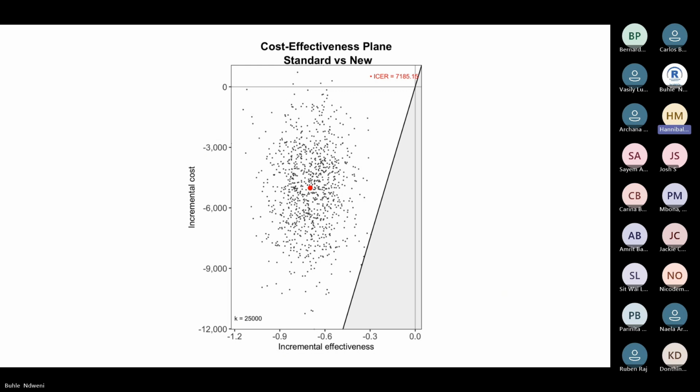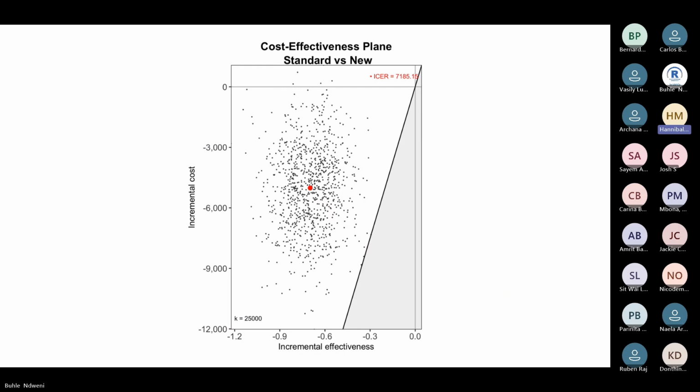And for an intervention or a drug to be considered cost effective, you want it to occupy the top right corner, or the northeastern quadrant, because that shows that it has increased effect with minimal cost relative to the standard drug.